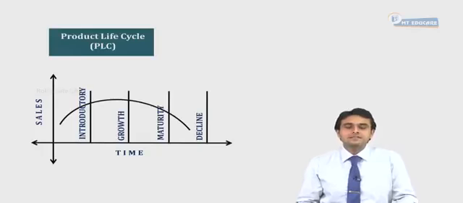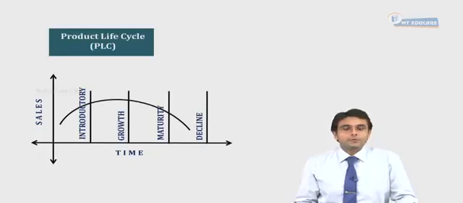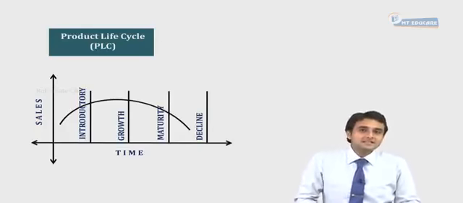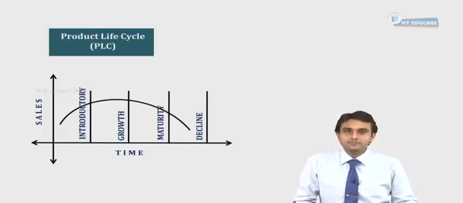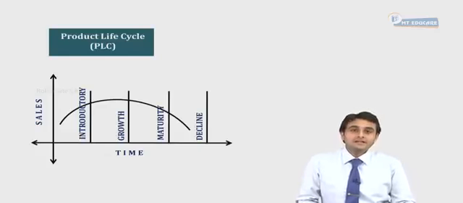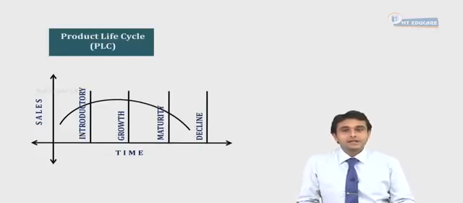We can represent this in the form of either the sales volumes, that is the number of units sold, or in terms of the revenue generated. So if we observe, there is a curve, and at the introduction stage, this is the stage where the product is launched and where the product goes and establishes itself in the market. After it has established itself in the market, it will grow further.